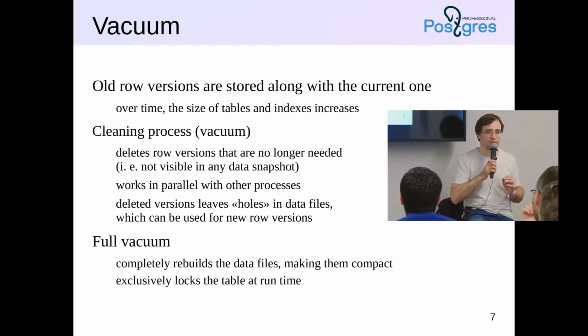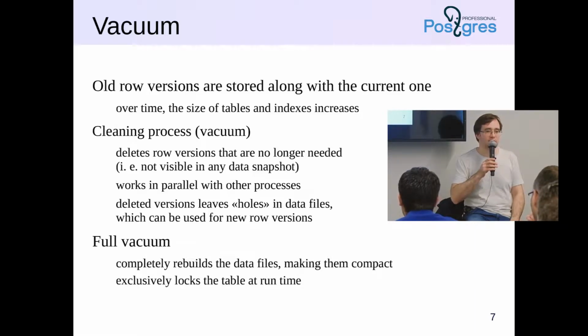That's why files are bloating, they increase in size, and at some point you have to physically delete historical row versions to free up some space to use for subsequent changes or inserts.